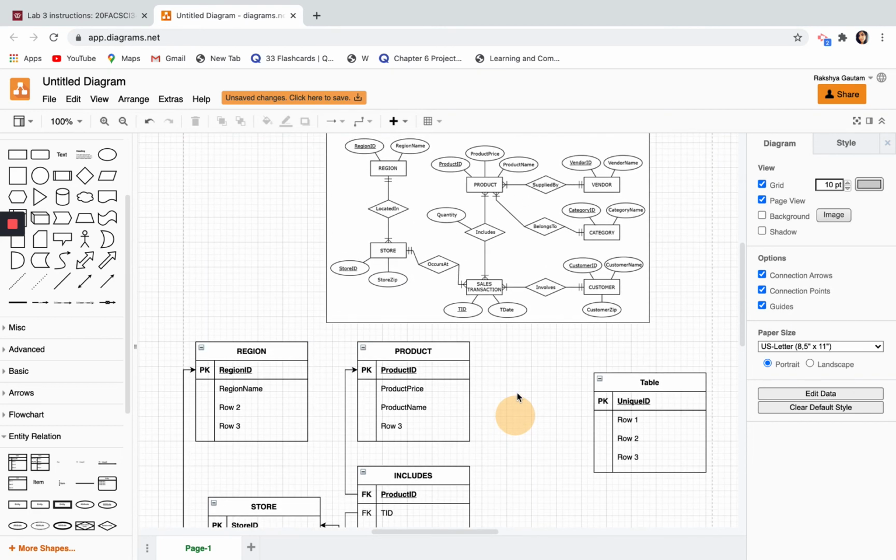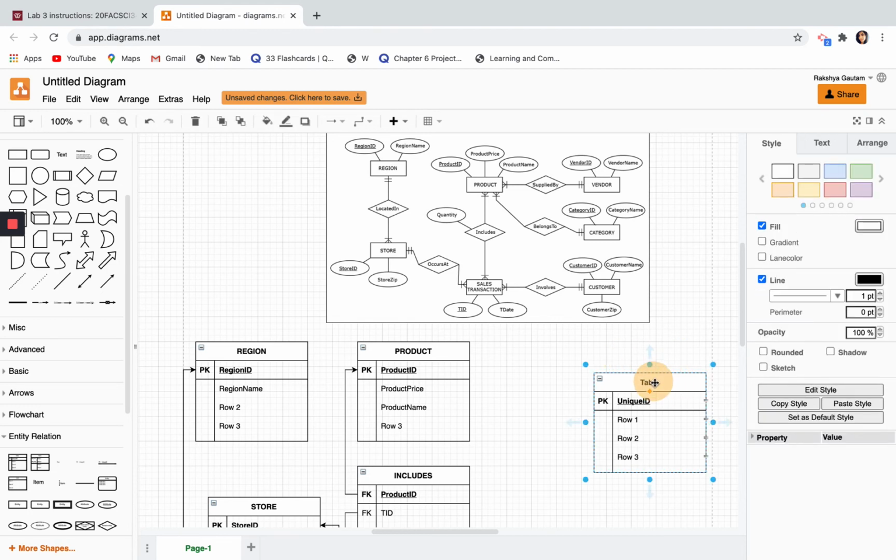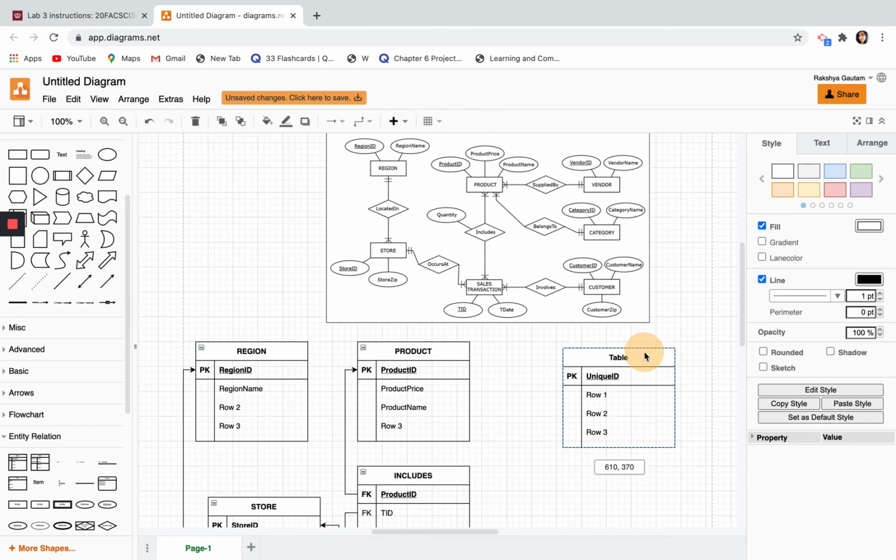Now product is also connected with the vendor, so it has a many-to-one relation with the vendor. Let's consider this table for vendor.